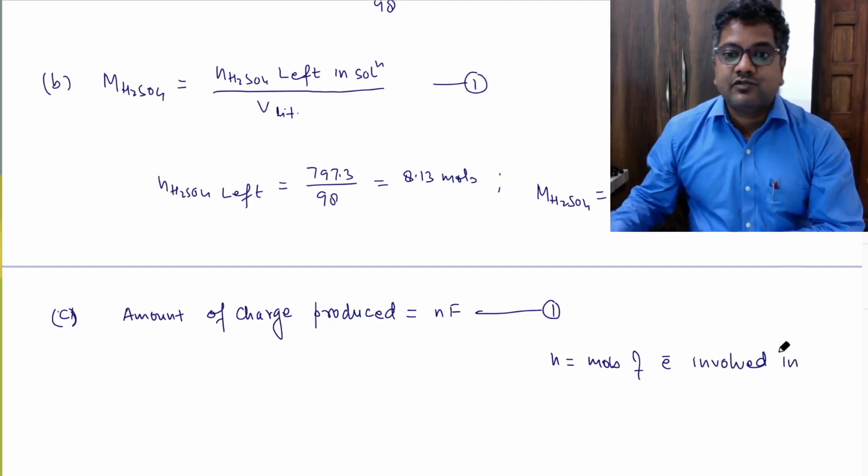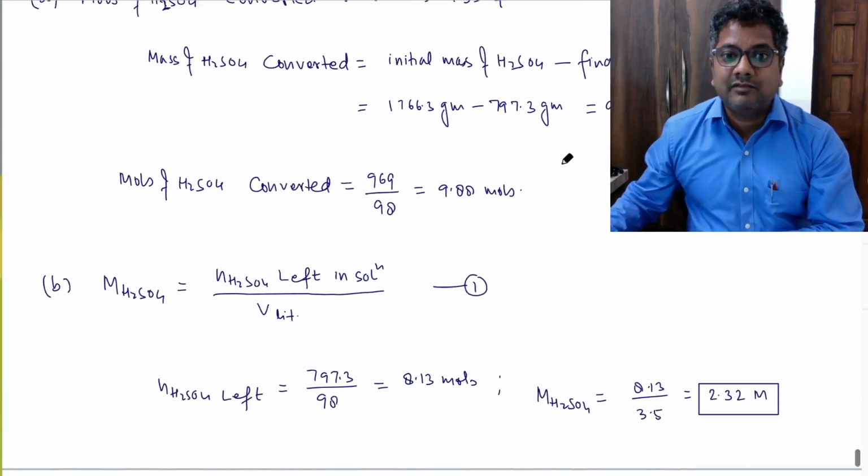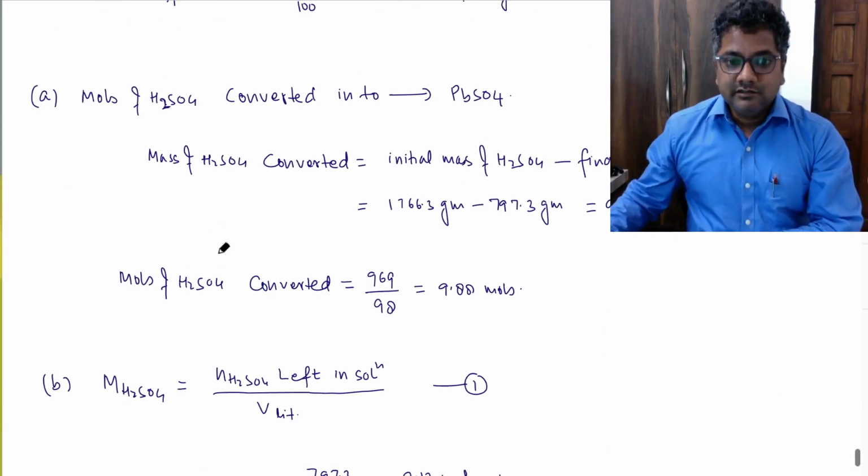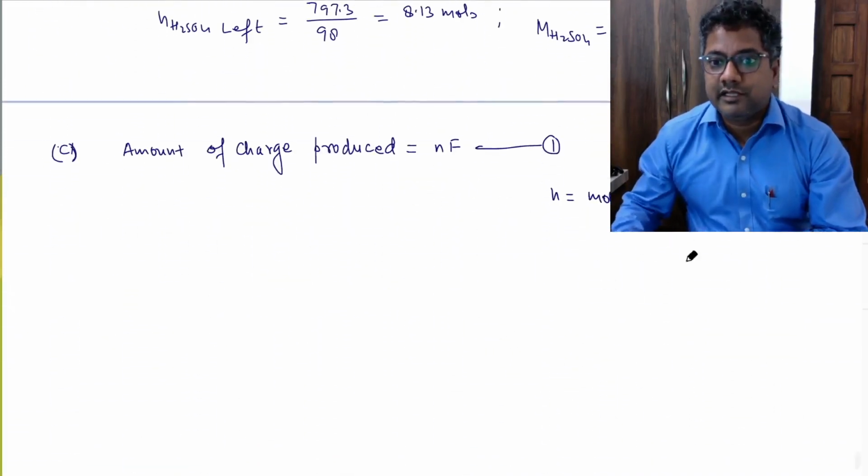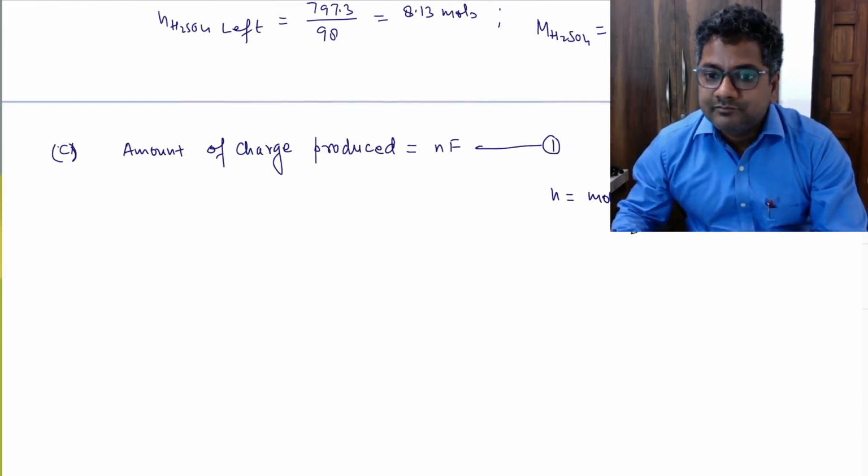How many moles of H2SO4 are involved in the discharge? This 9.88 moles. So that is the moles of electrons involved in the conversion of 9.88 moles of H2SO4.